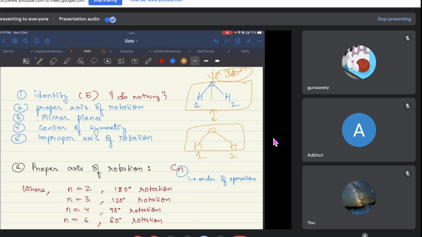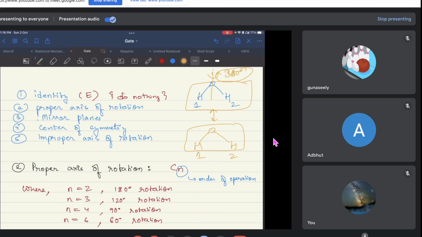So my molecule, after the 360 degree rotation, comes back to the original configuration, and that's why we have done nothing. This is the identity, and it is found in every single symmetric molecule. When we apply symmetry operations, the identity is always present.